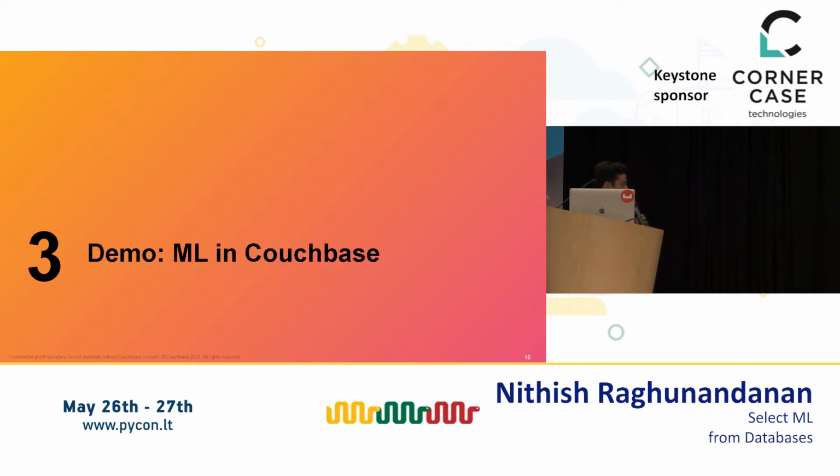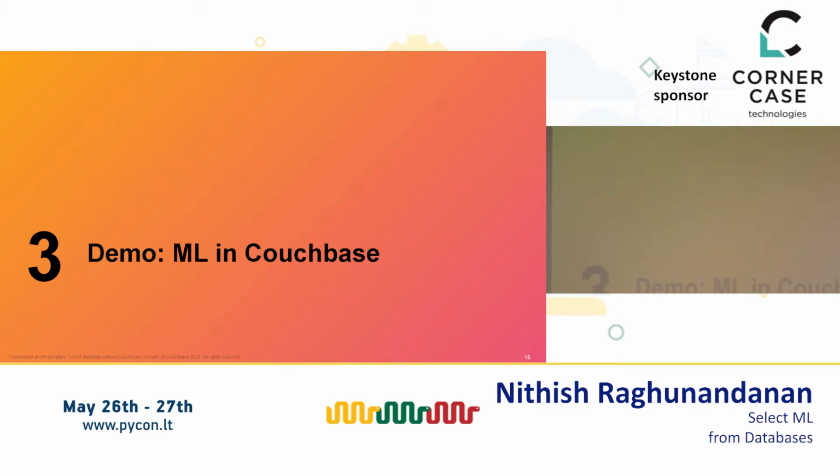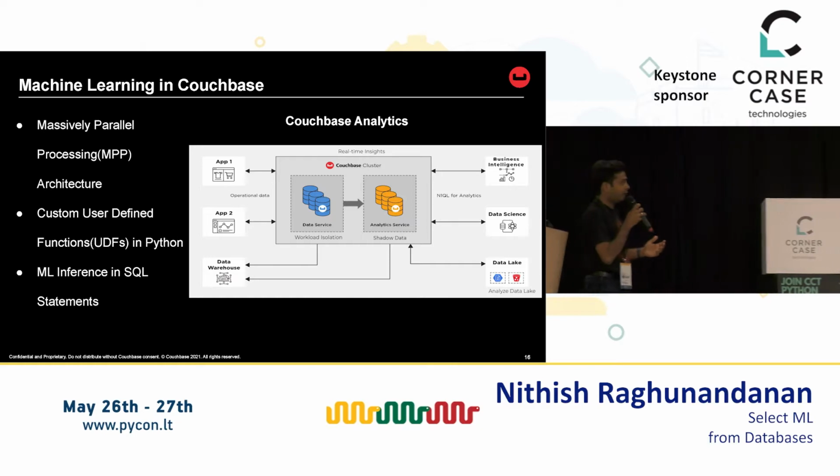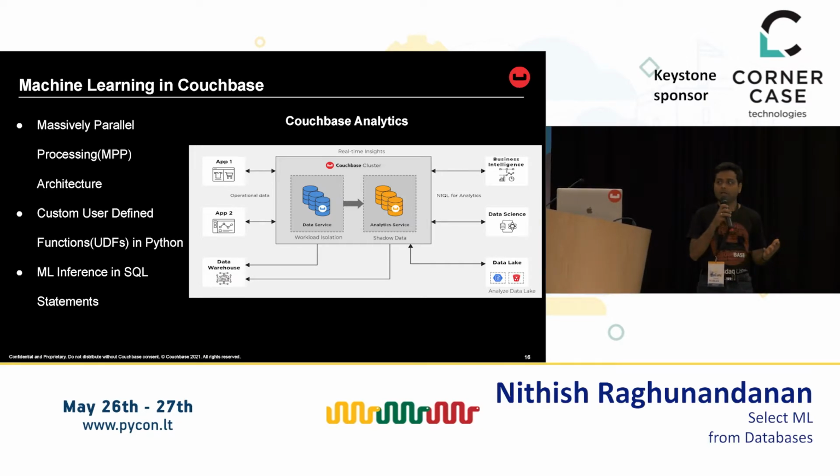So with that said, I'll just do a quick demo using Couchbase. How we do this in Couchbase is we have a concept of services. You have your data service, which is typically your operational data, where you store your transactions. Then you have an analytics service, which is tracking your operational data in real time.